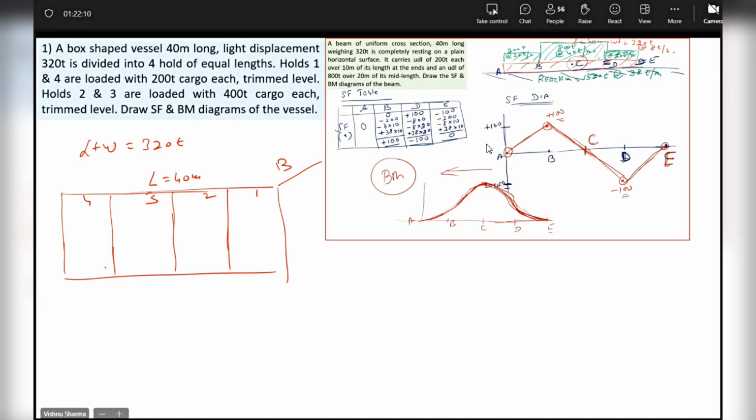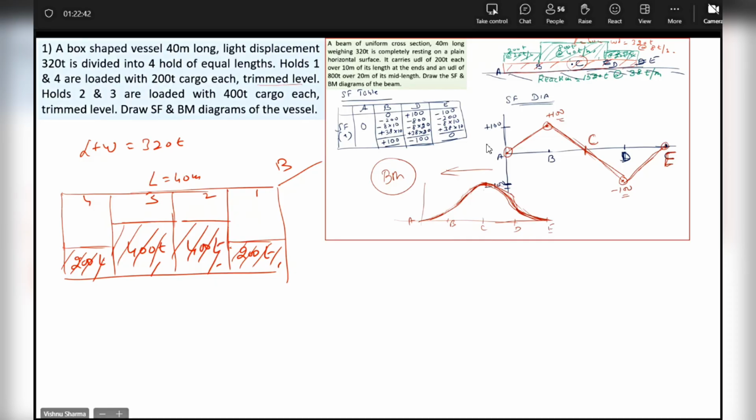Holds 1 and 4 are loaded with 200 tons of cargo, trimmed level. So cargo here is 200 tons, likewise cargo here is 200 tons. And number 2 and 3 holds are loaded with 400 tons each. Draw the SFBM diagram of this vessel.